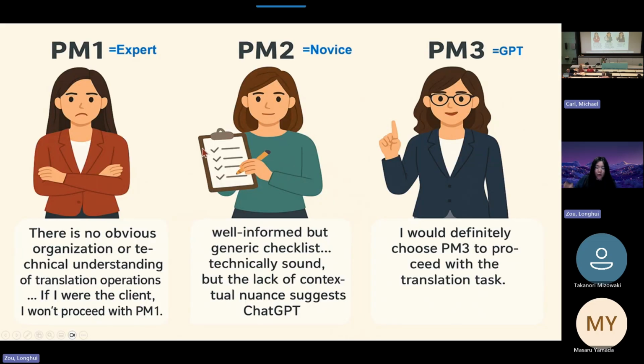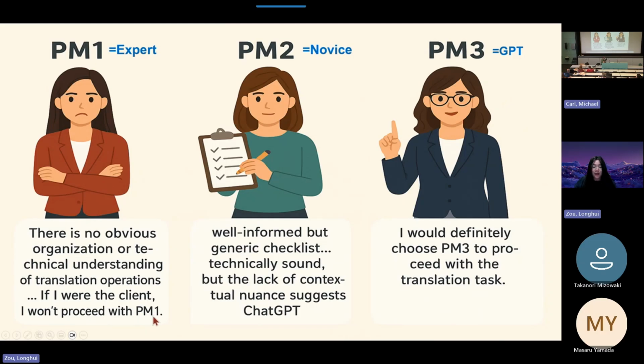And for question 18, other comments, we quote some of the interesting answers here. One student evaluator said, I would definitely choose PM3, which is GPT, to proceed with the translation task. In contrast, our expert project manager got the most negative review, like there's no obvious organization or technical understanding of translation operations. If I were the client, I won't proceed with PM1.